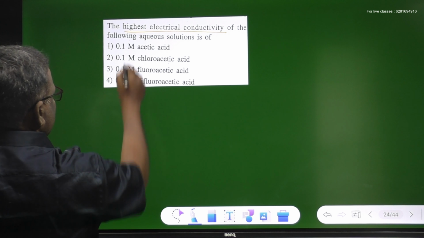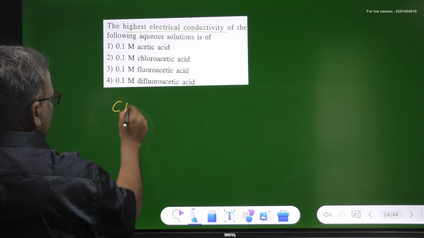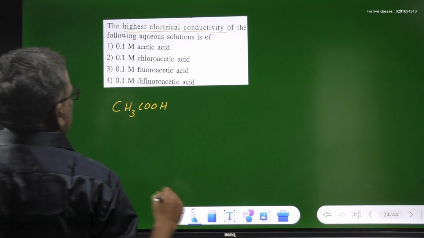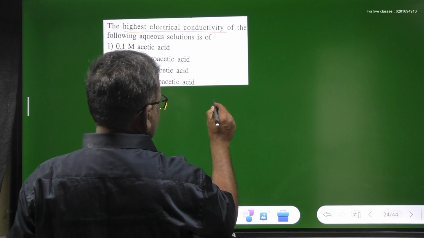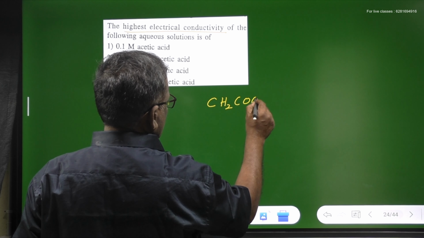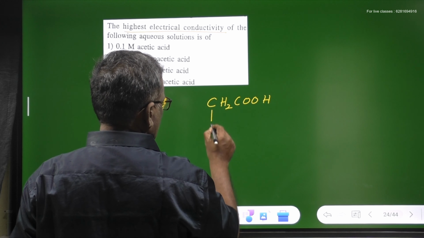Here, if we observe, all are the same concentration. First one is CH3COOH. Second one is chloroacetic acid, CH2ClCOOH.